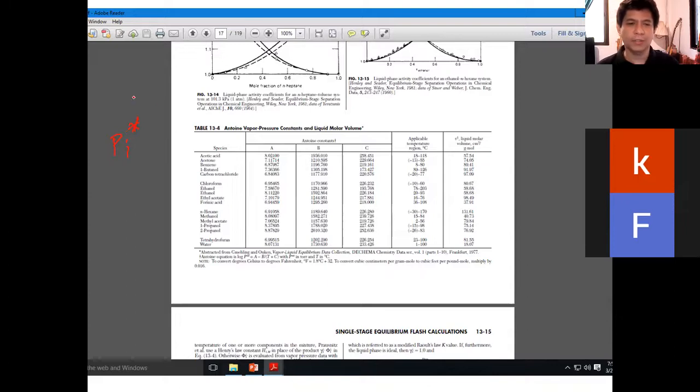Okay. Yung Antoine's equation, yun yung ln P sub I star equals A minus B divided by temperature plus C. So as you can see, pag meron kayong given na A, B, at saka C, tapos given din yung temperature niyo.